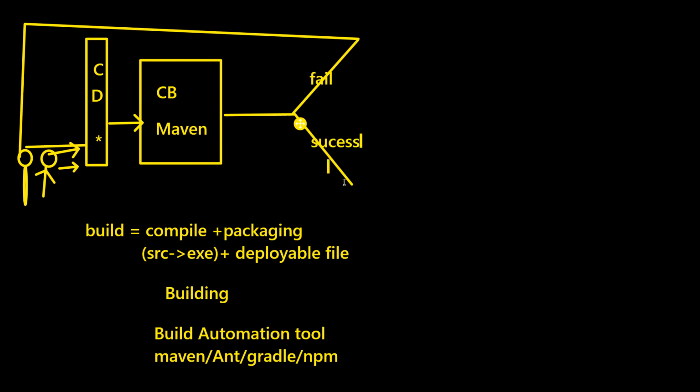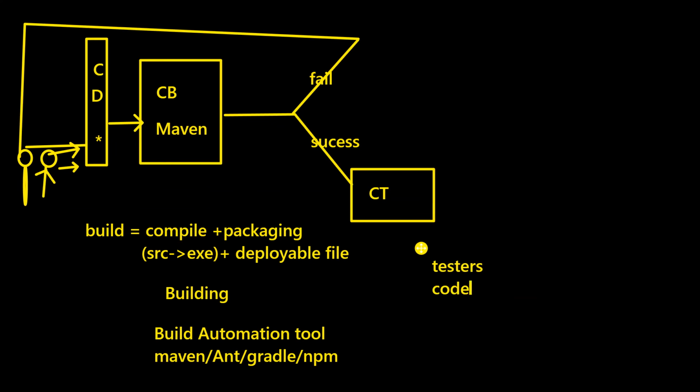Once the builds are successful, then comes the next stage of continuous testing. What is this continuous testing? There will be a separate team of testers, automation testers. They might be writing test cases using some test automation tool. If you are new to automation testing, let me tell you, testers will write code which will test the code.